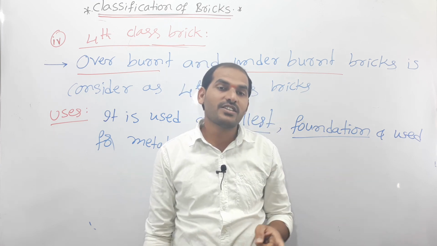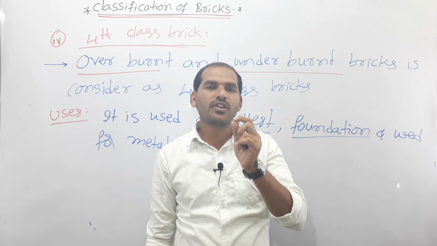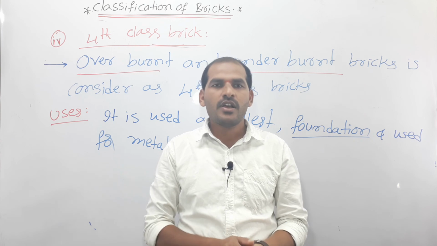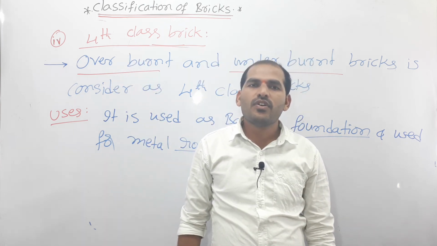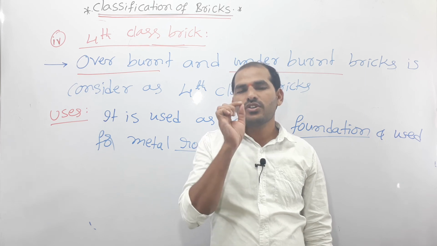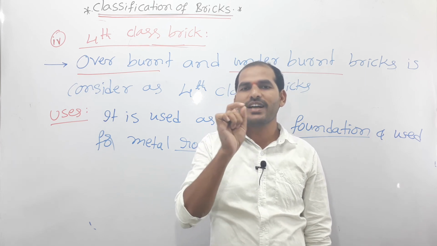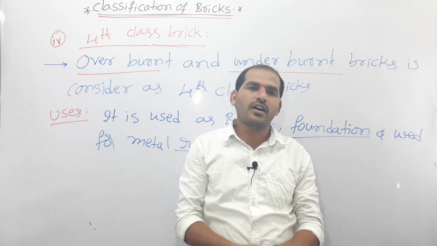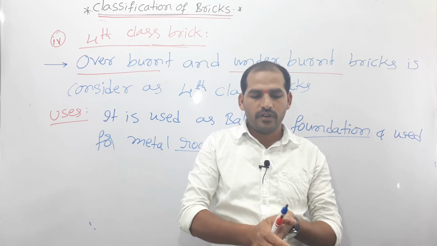Water absorption should not be more than 25% of its own weight, that is dry weight. So these are the first class, second class, third class and fourth class bricks. You should remember compressive strength as well as water absorption, which are very important for all competitive examinations.